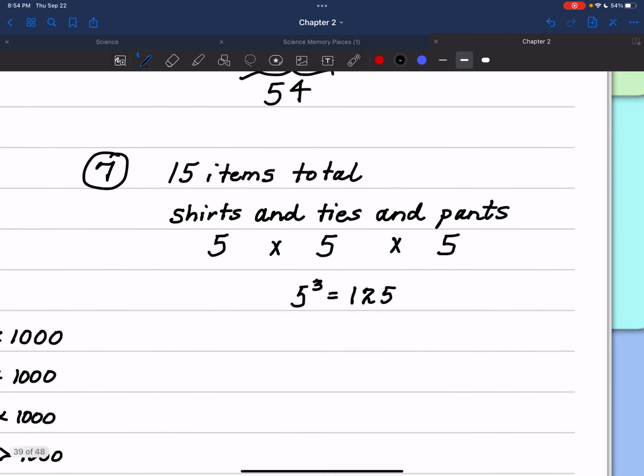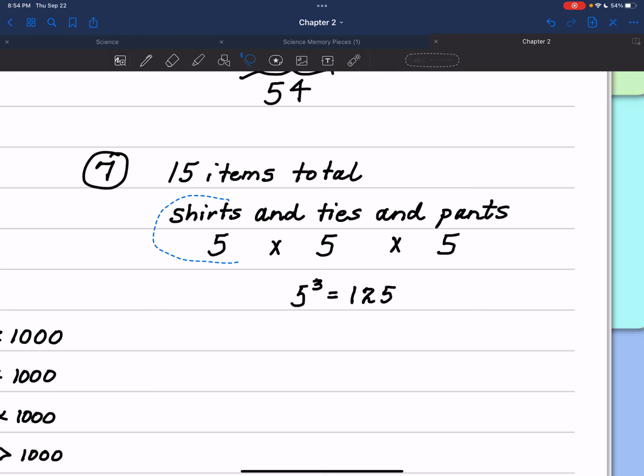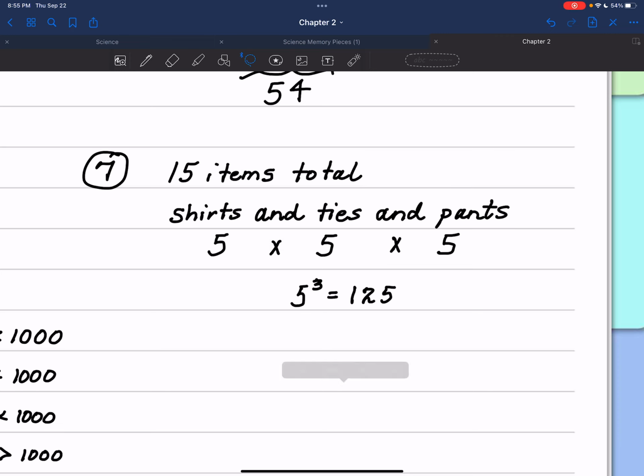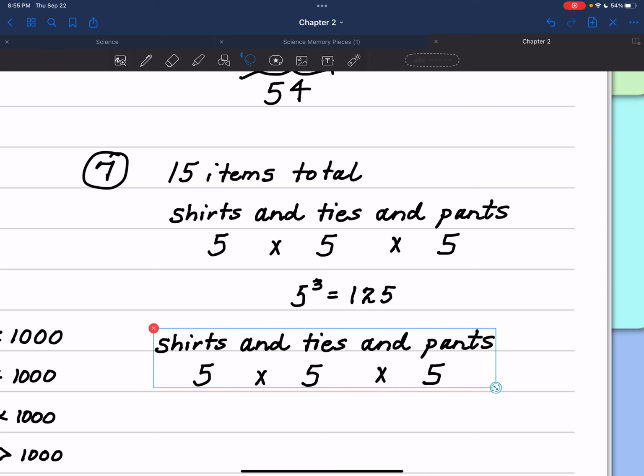Okay, just to be sure, I'm going to check another option. I want to show you something here. So let me just copy that. I'm too lazy to write it again. Let's say that he did 10 shirts and 3 ties and 2 pants.